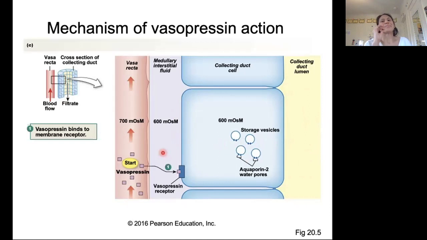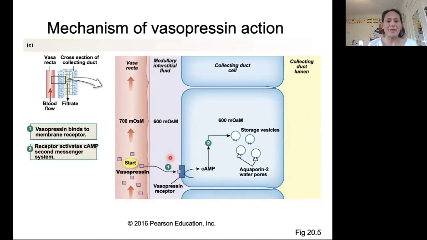Okay, so if we want to reabsorb water, we secrete vasopressin. What happens with vasopressin is, remember, it's a hormone. It's going to be in the bloodstream. It's going to start by binding a membrane receptor because it is a peptide hormone. Once we bind that membrane receptor, we're going to activate a signal transduction cascade.